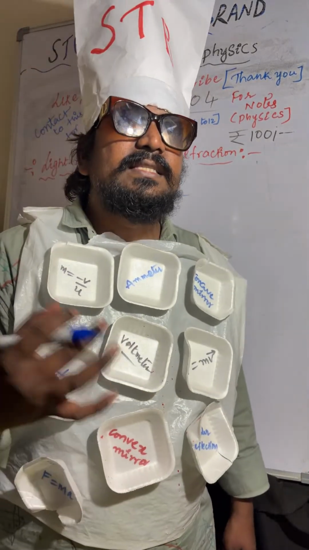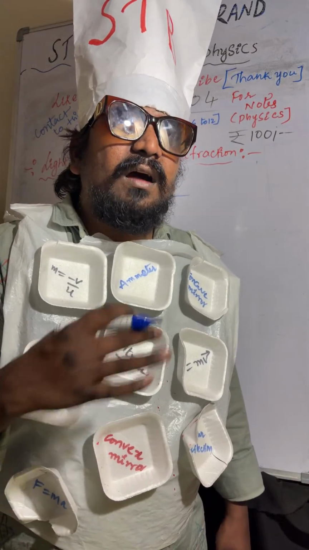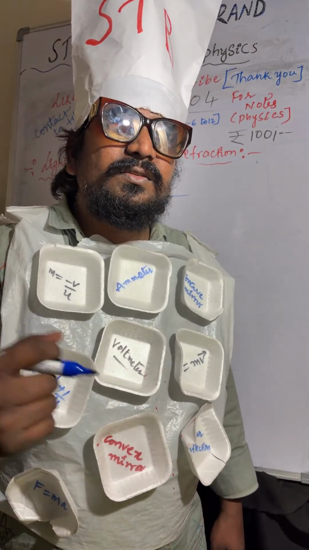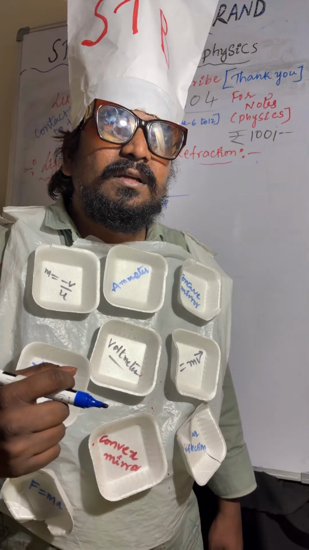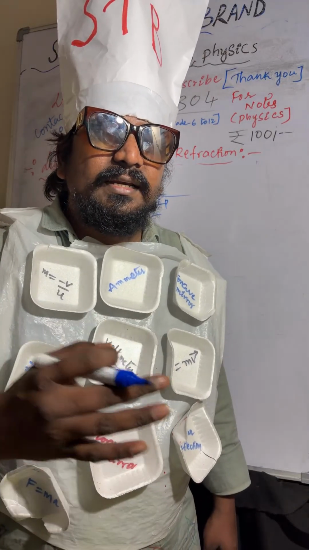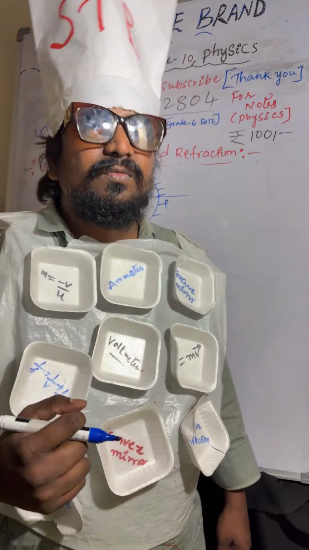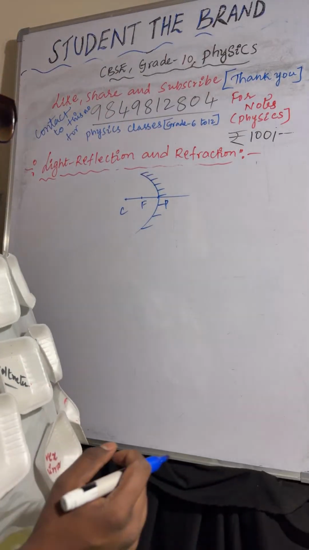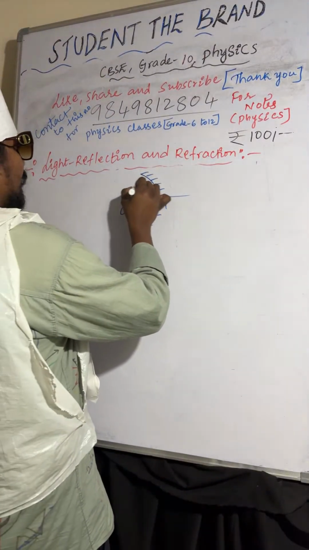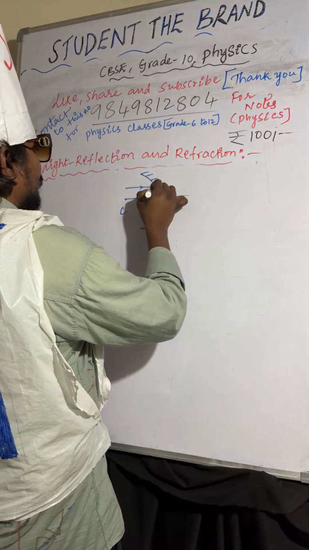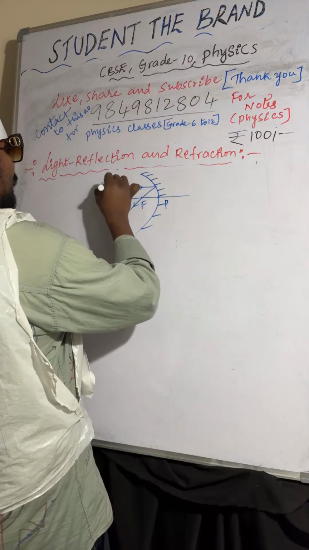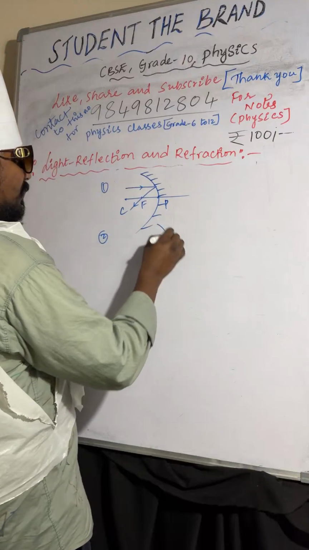A light ray parallel to the axis, after reflection, passes through focus. So first ray after reflection passes through focus. That is point number 1.